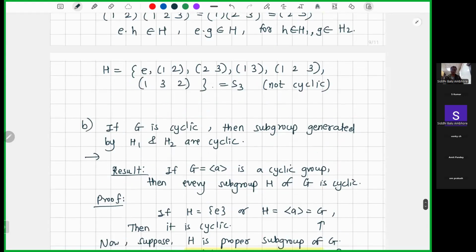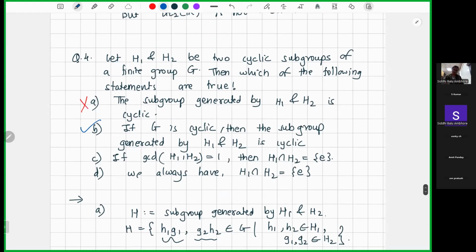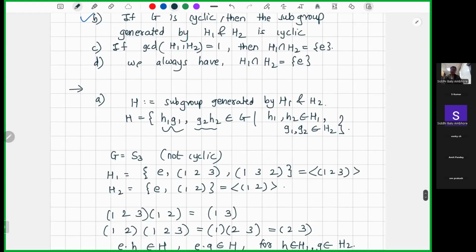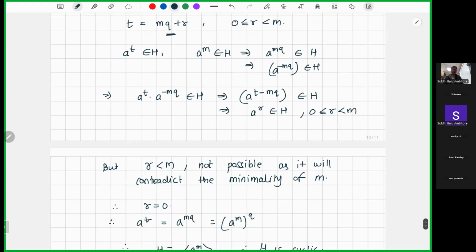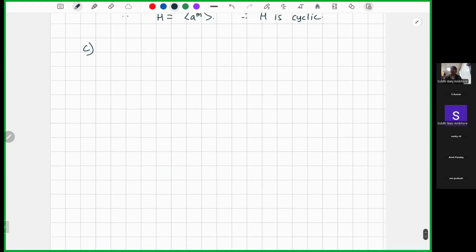Now the third part. So this one is true. Now third, that if GCD of the orders of H1 and H2 is 1, then the intersection of H1 and H2 will only have the identity element. Let me take this.